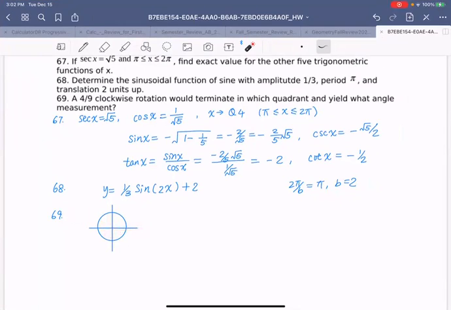It's a negative angle. 4/9 clockwise, so we can do 4/9 times 360 degrees.